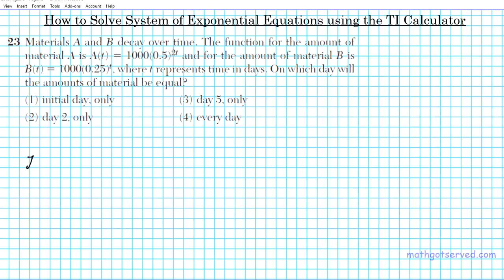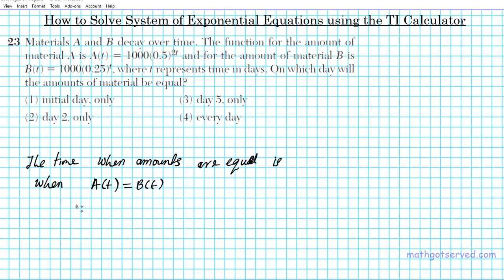The time when amounts are equal is when A of t is equal to B of t.